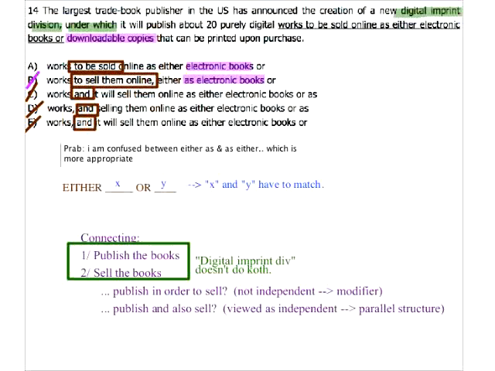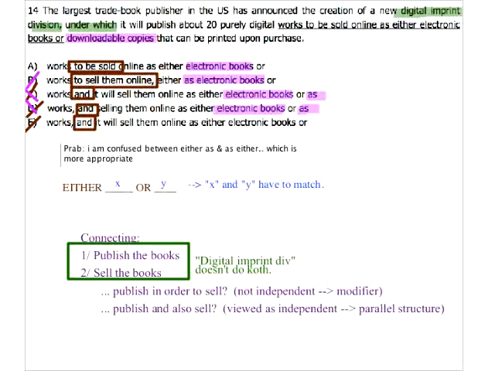We've already eliminated the other choices, but let's see how they do. In C, either is followed by electronic books, and or is followed by as downloadable copies. That's incorrect. It's not parallel. In D, either is just followed by electronic books, and or is followed by as downloadable copies. That's also not parallel.